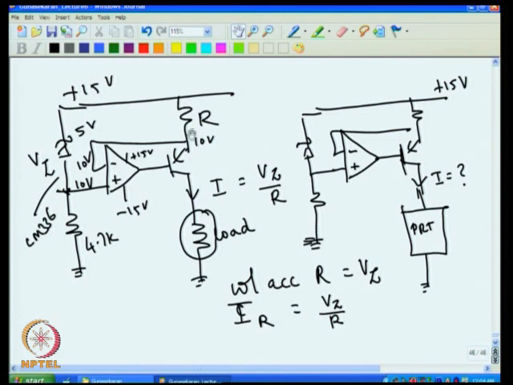If it conducts heavily, more voltage drop will occur and this voltage will come down. That means once it goes more than 10, say it goes 11, then the conduction increases and that pulls down this voltage.